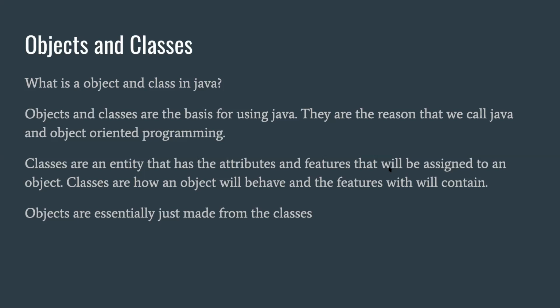Attributes are like variables. Methods are functions. You guys remember how we wrote the star method, right? Those are all methods that we put in a class.